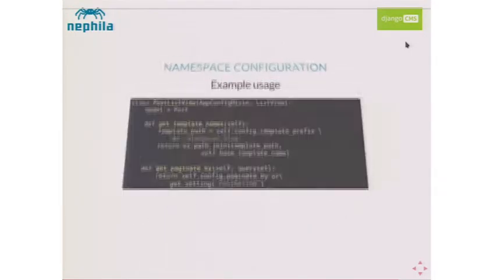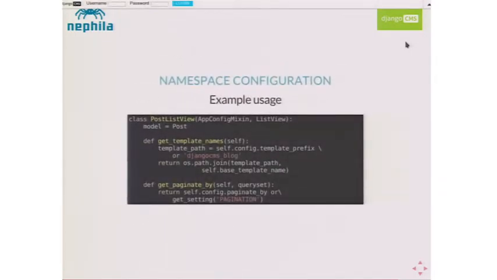The same goes for pagination or for whatever you may need to customize in the views. And it's not shown here, but there are also custom managers to handle this at the model level, so you automatically get the models registered on that specific namespace.